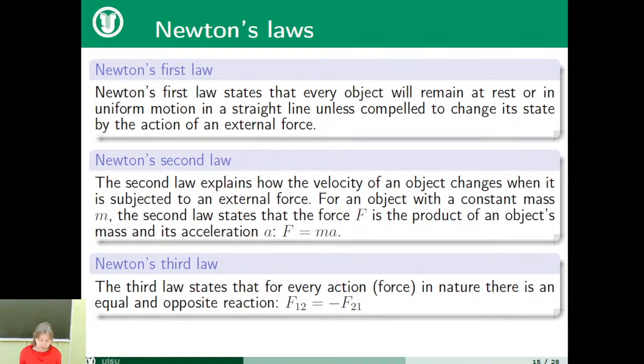In other words, if the body is at rest, it stays at rest. If it is moving, it continues to move with the same velocity. Force. We now wish to define the unit of force. We know that a force can cause the acceleration of a body.